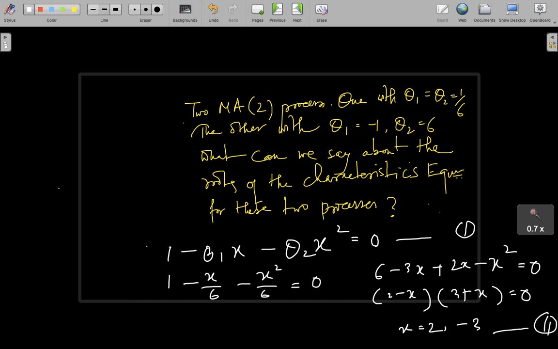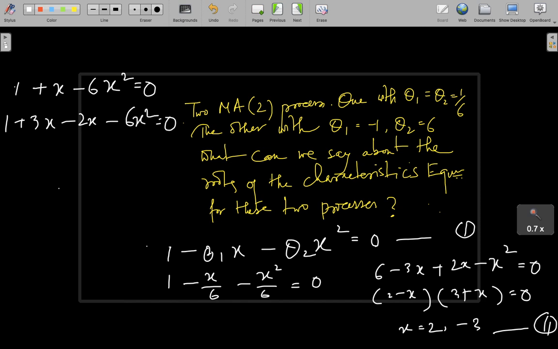Now my second MA process is basically 1 minus theta 1 is going to be plus x, and then I have minus 6x square is equal to 0, which means 1 plus 3x minus 2x minus 6x square is equal to 0.